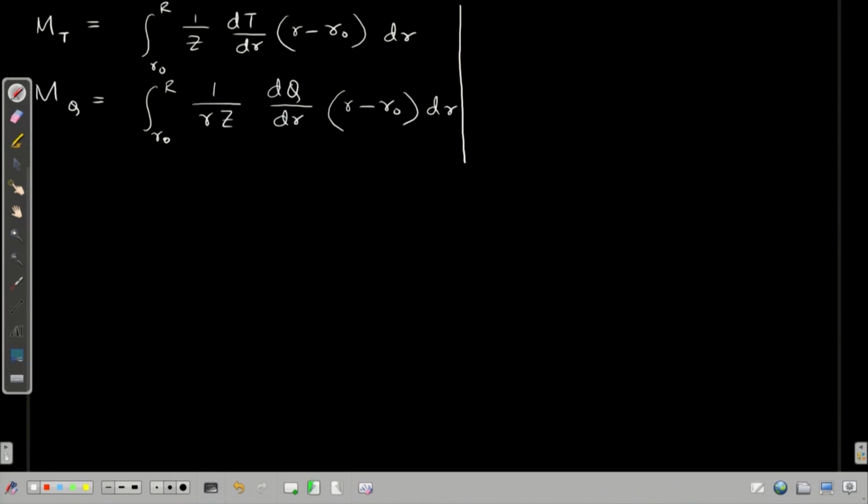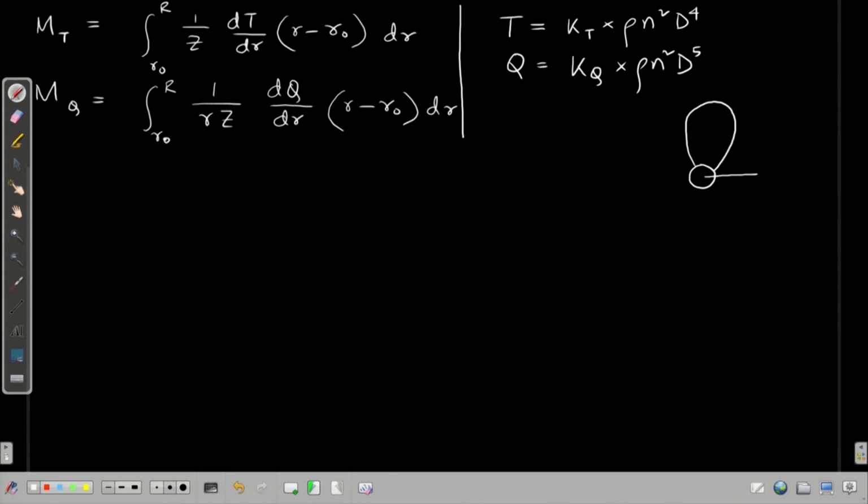Now, we will express thrust and torque in the form of the standard non-dimensional thrust and torque coefficients. T is kT multiplied by rho n square D to the power 4, and Q is kQ times rho n square D to the power 5. In a similar way, we will also make the propeller radial location non-dimensional as we have done previously.